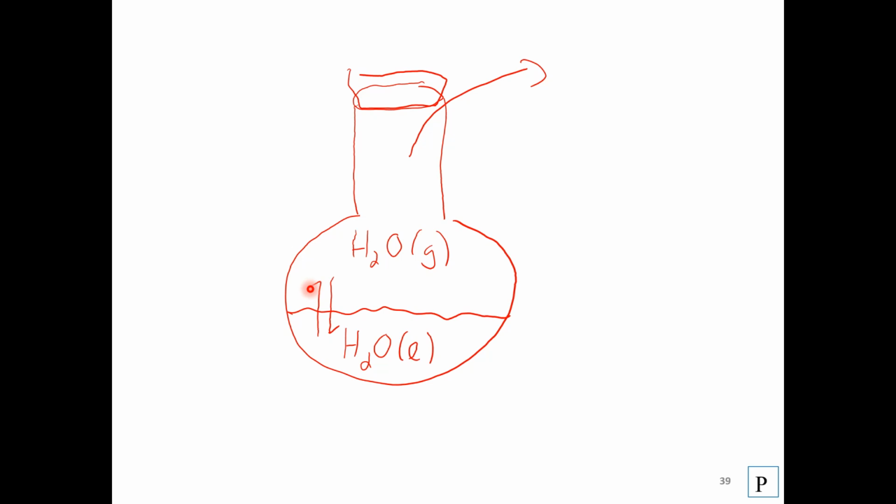The forward reaction rate increases to make more gas. Now, I've actually seen a video where if you pump the air off the top fast enough, you can actually get the surface of the water to freeze because it's extracting so much energy so fast. So if you pump that water vapor off the top, it's going to shift right, in this case up, to make more.